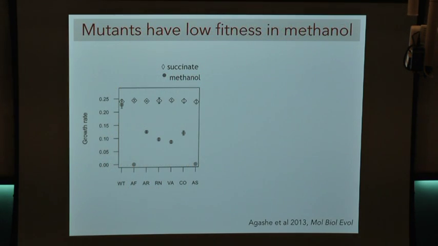So I'm going to cut a long story short, but here's the main result, which is that the growth rate of strains which carry different synonymous mutations in the entire FAE gene is much lower on methanol compared to the wild type. But on succinate, which is a multi-carbon substrate, where FAE is not required at all, there's no impact on growth, right? And so what we see is that, yes, there is a huge fitness impact of making synonymous mutations in this single gene, which is important for fitness.